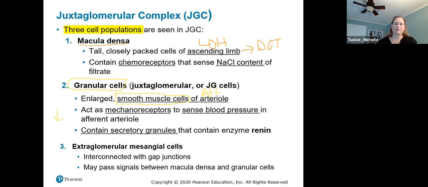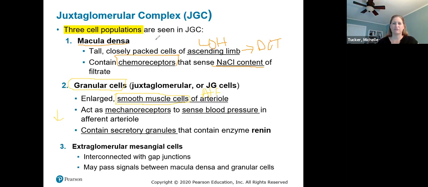They are made up of columnar cells that contain chemoreceptors that are going to sense sodium content. And then to keep this all nice together, we have mesangial cells that do have gap junctions to help connect physically and ionically the macula densa and the granular cells.